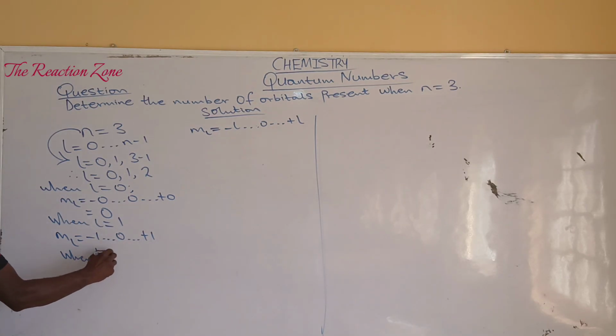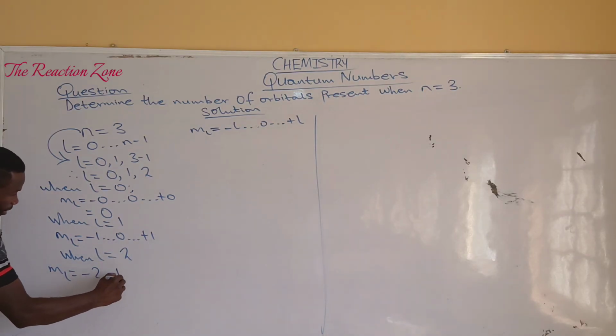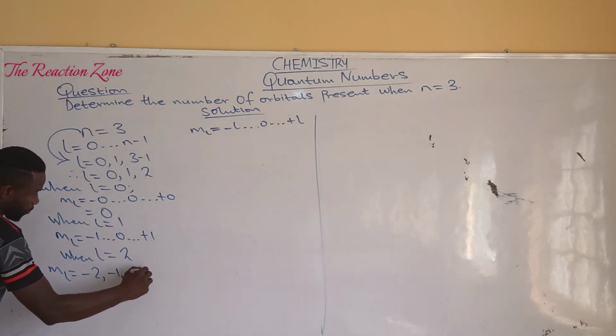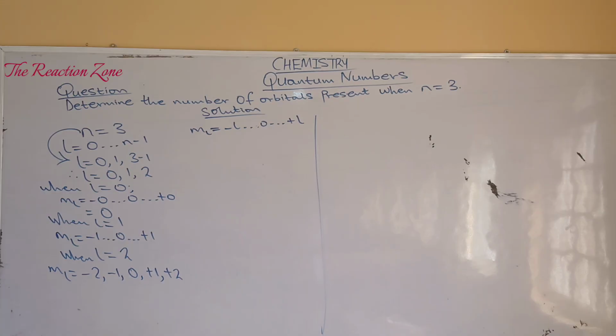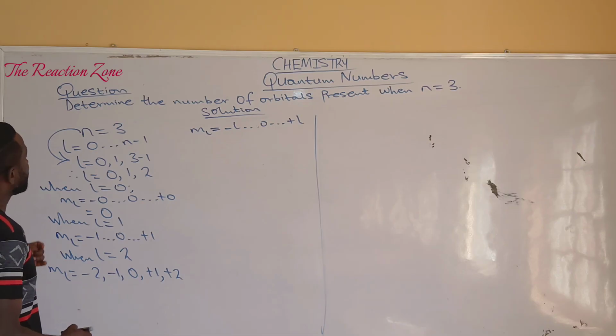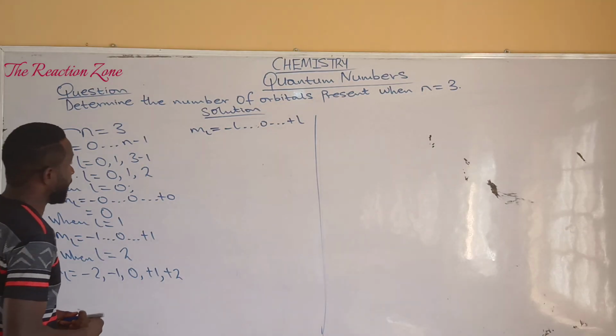And when L is equal to 2, the values of ML will be minus 2, minus 1, 0, plus 1, and plus 2. Now that we have this, we can determine the set of quantum numbers for each of the orbitals that are present.